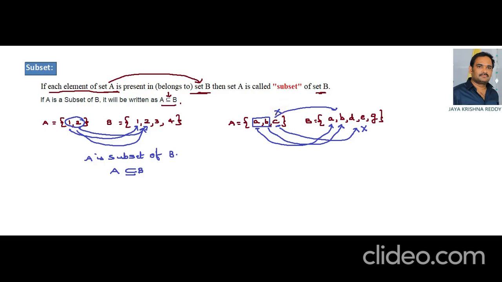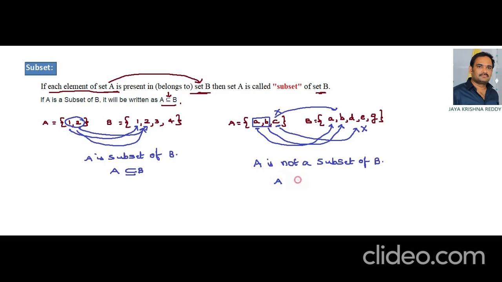So we say that A is not a subset of B, because one element of A does not belong to set B.